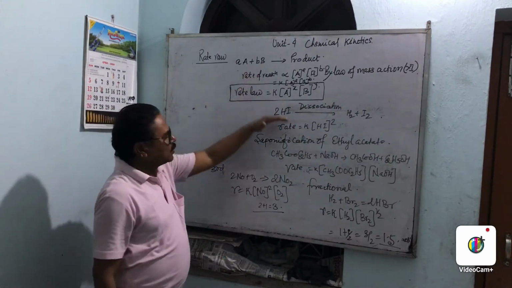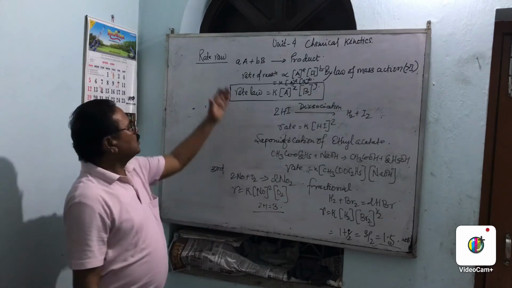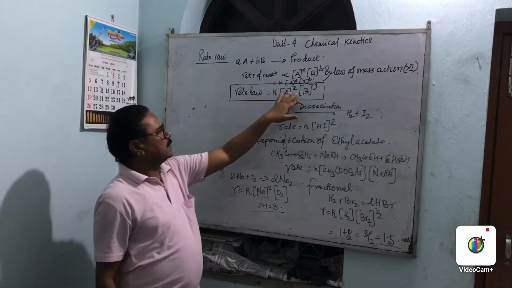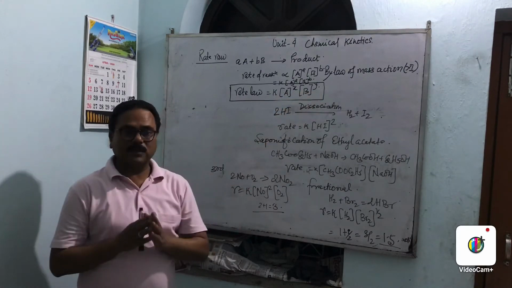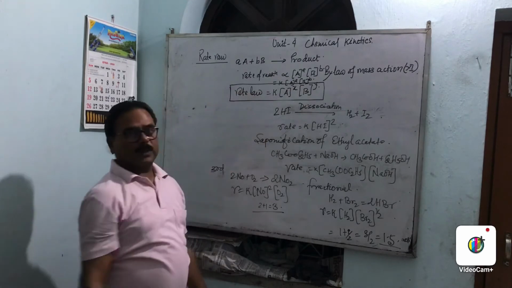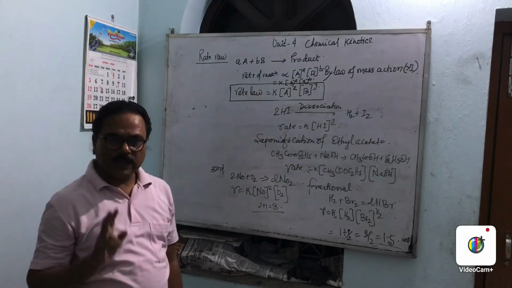So these are about the order of a reaction, and now our concept is clear. What is order? The sum of the powers of the concentration terms appearing in the rate law expression is known as the order of a reaction.